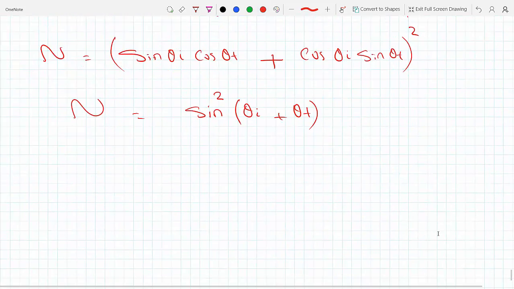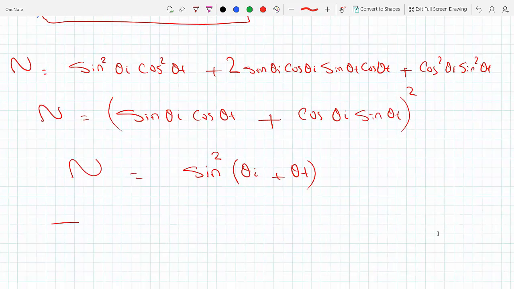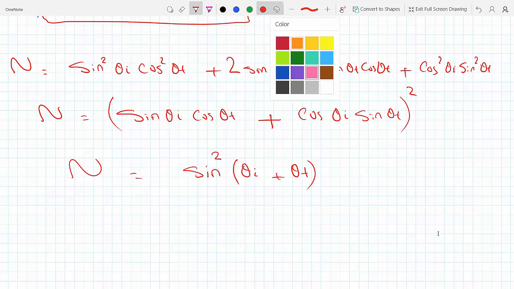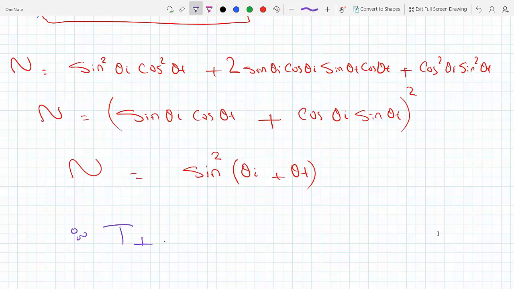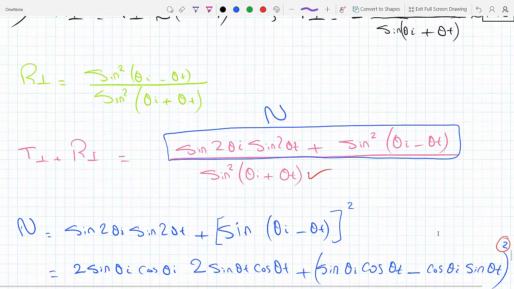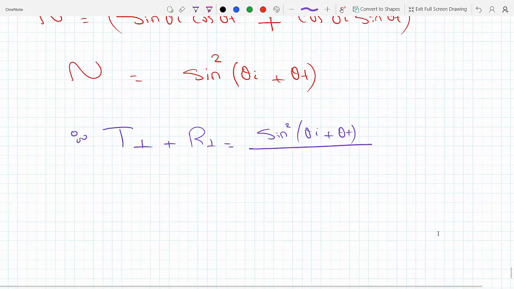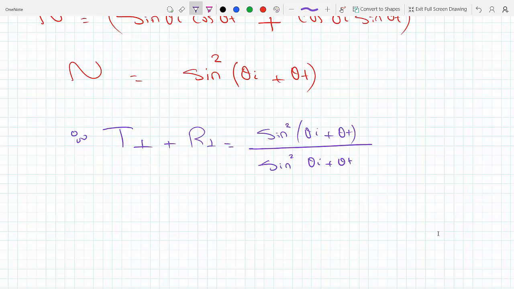So that means therefore T perpendicular plus R perpendicular now is, the numerator turned out to be sine theta I plus theta t squared, and the denominator is the same exact thing, sine squared theta I plus theta t as is, so hence they add up to 1.